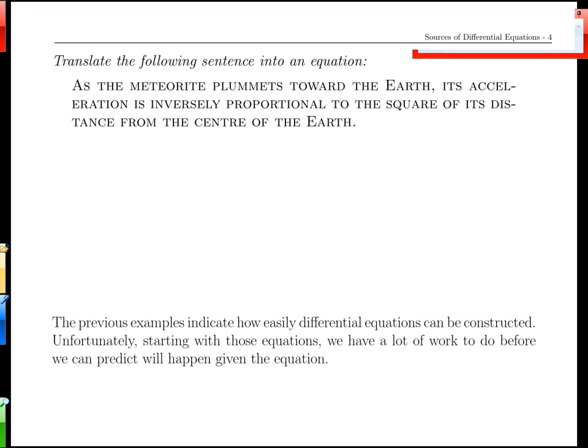Last but not least, let's return to something similar to the integral examples we saw earlier in the course, where we were using the universal law of gravitation. You've got a meteorite plummeting towards the Earth. Its acceleration is inversely proportional to the square of its distance from the center of the Earth. All right. So let D equal the distance between the meteorite and the center of the Earth.